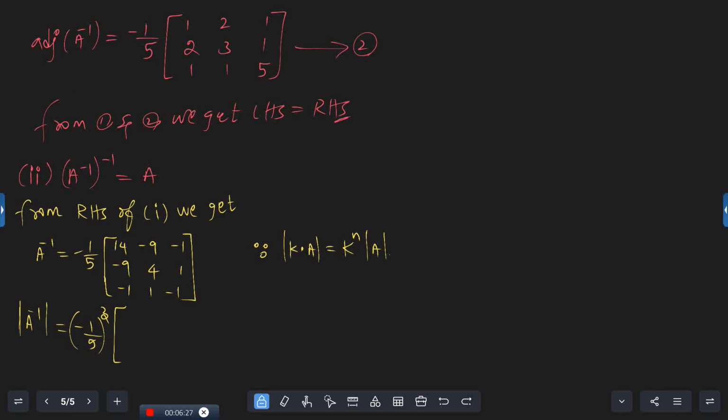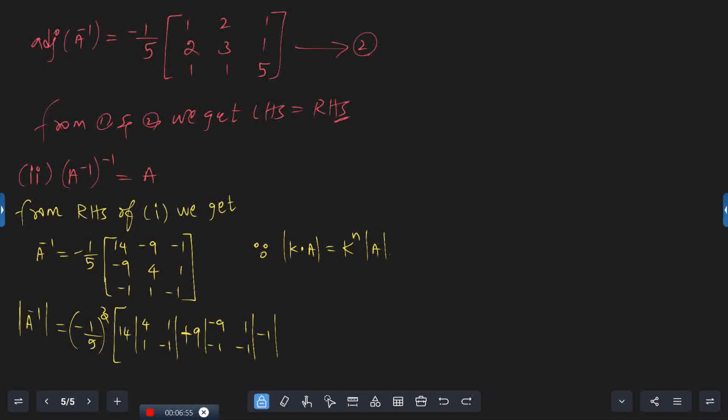First I'm taking 14. If you take 14 and strike out its row and column, what you will be getting? 4 1 1 minus 1. Then the formula minus. The second number is minus 9, so minus and minus gives plus 9. Strike out this row and column: minus 9 1 minus 1 minus 1.